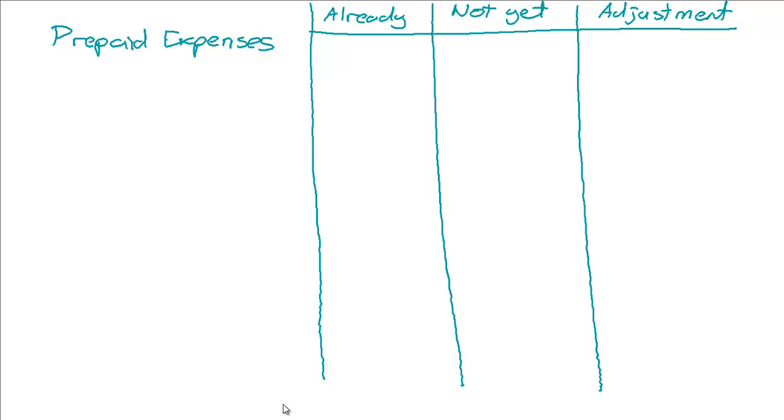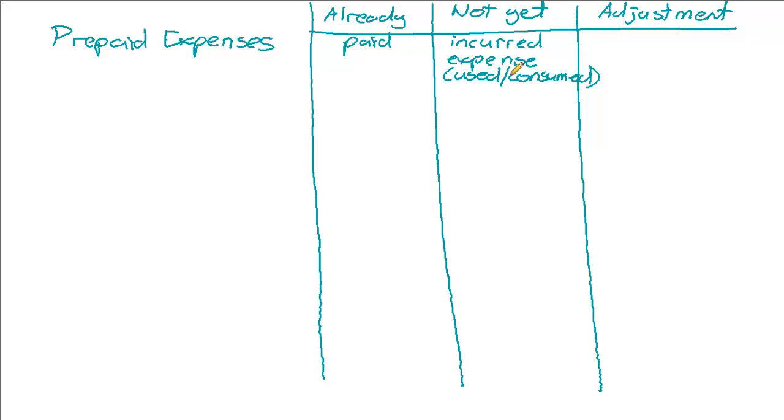Good. So with prepaid expenses, we've already paid, okay, but we've not yet incurred the expense. Remember, another word for incurring the expense is we've not yet used or consumed the expense, and therefore the adjustment that we need to make is for this portion that we've already paid but we've actually not yet used the service.